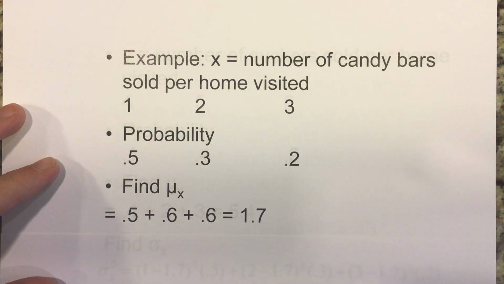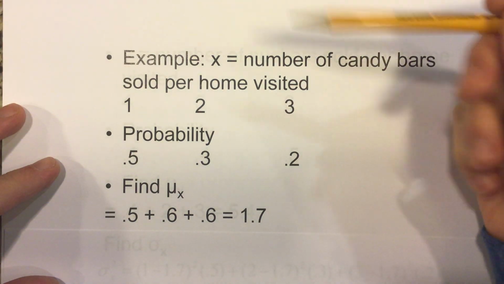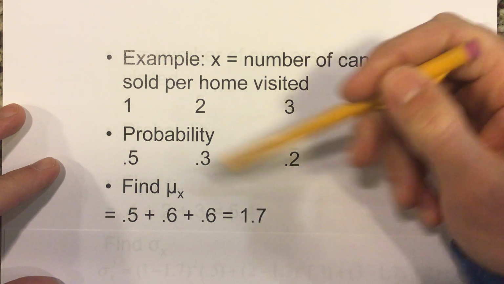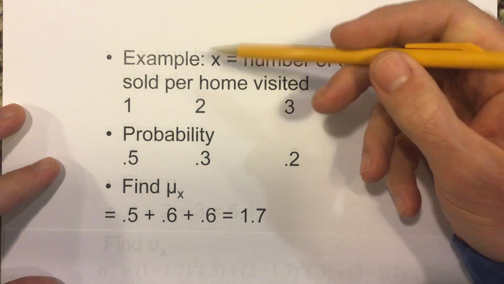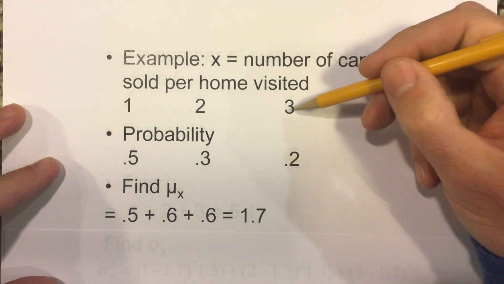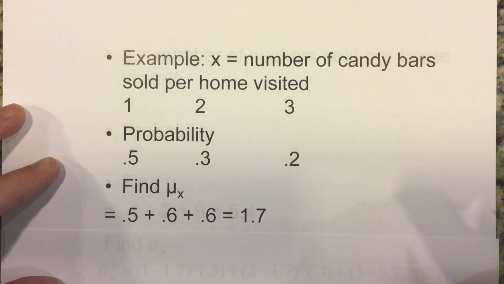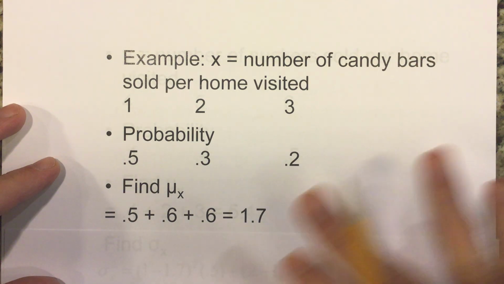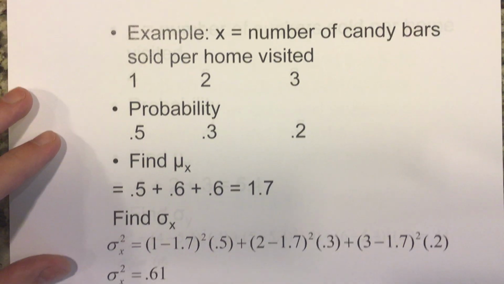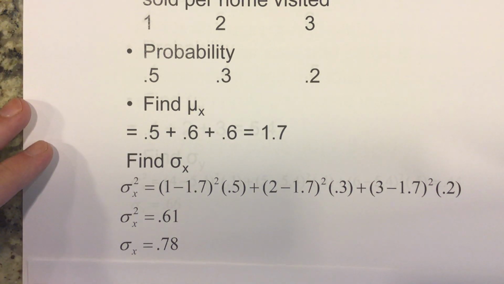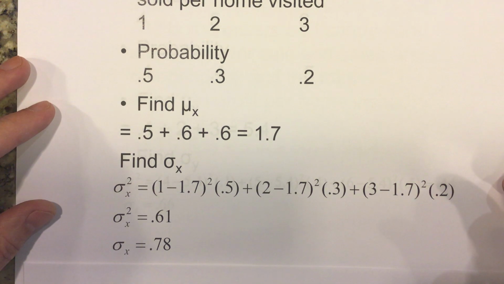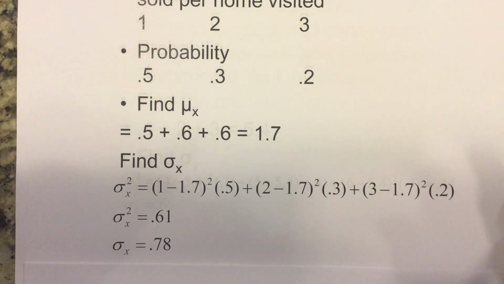Standard deviation would be 1 minus 1.7 squared times 0.5, plus 2 minus 1.7 squared times 0.3, plus 3 minus 1.7 squared times 0.2. Add that all up and square root. And voila, there's the standard deviation of the number of candy bars you would sell per home visited on the average of many homes.